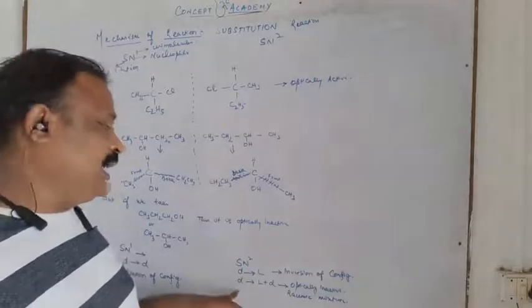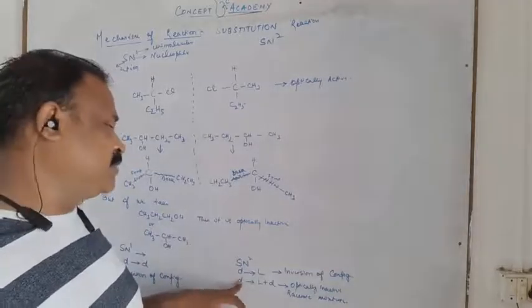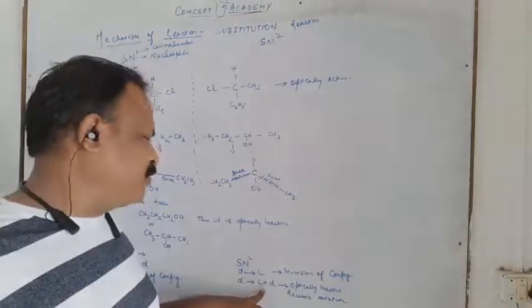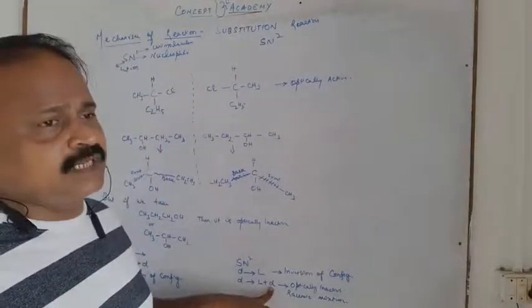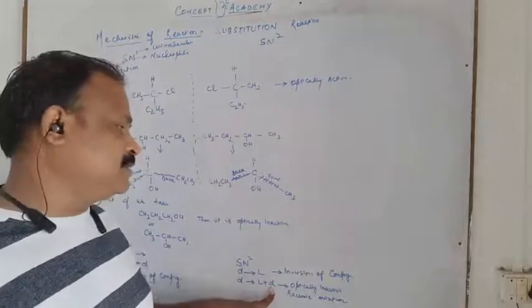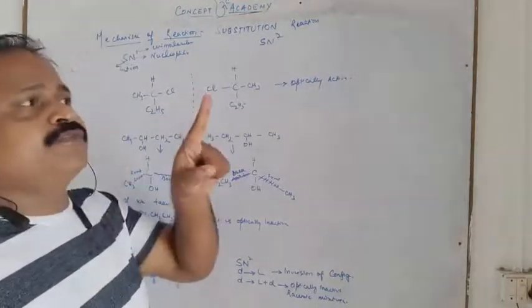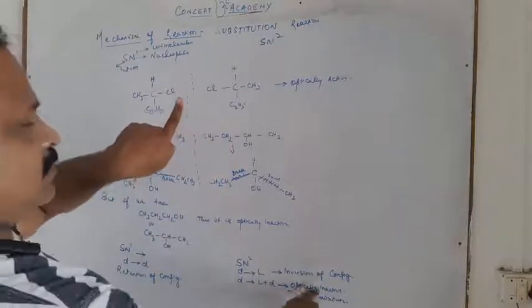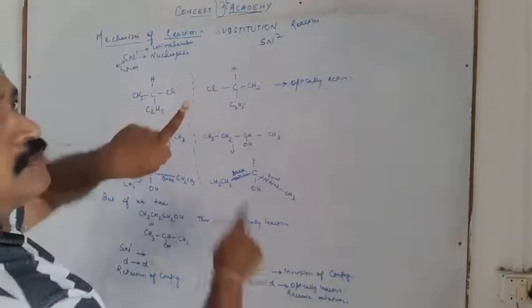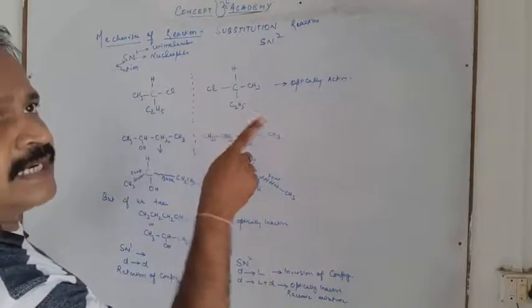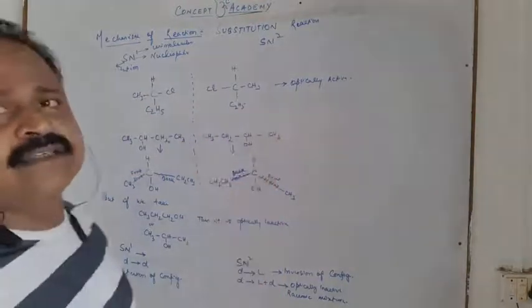Suppose there is 50% levorotatory and 50% dextrorotatory. What happens? This becomes optically inactive. Why? Because 50% levorotatory, left side, 50% dextrorotatory, right side. So right and left cancel each other.